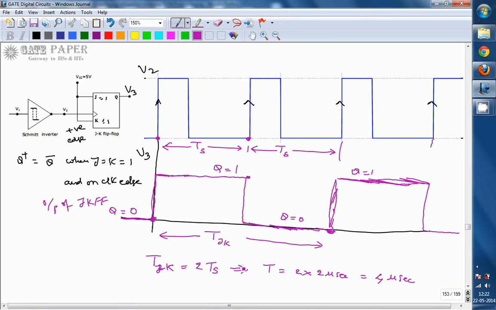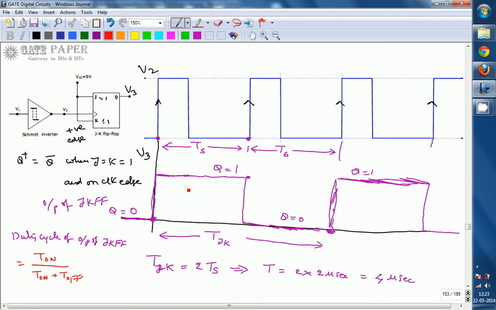And if you observe the duty cycle of the output of the JK flip-flop, duty cycle is T on divided by T on plus T off. T on is for the TS time duration.